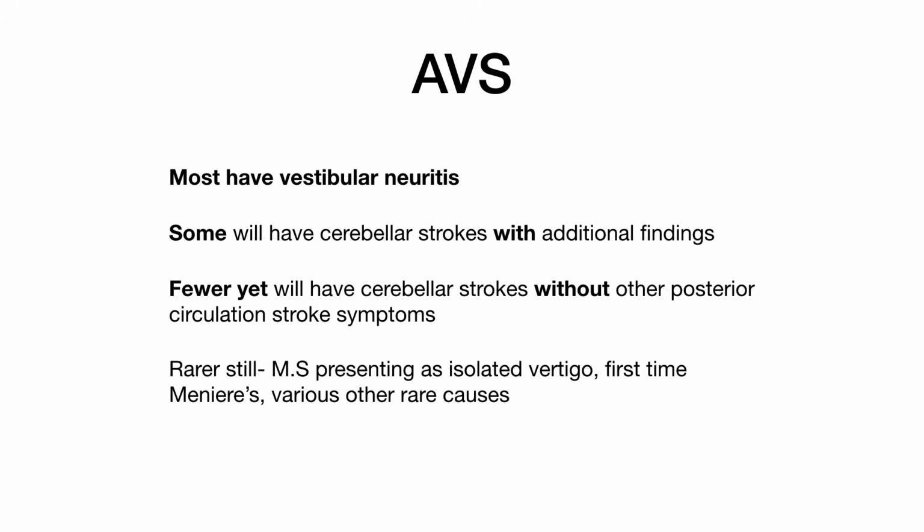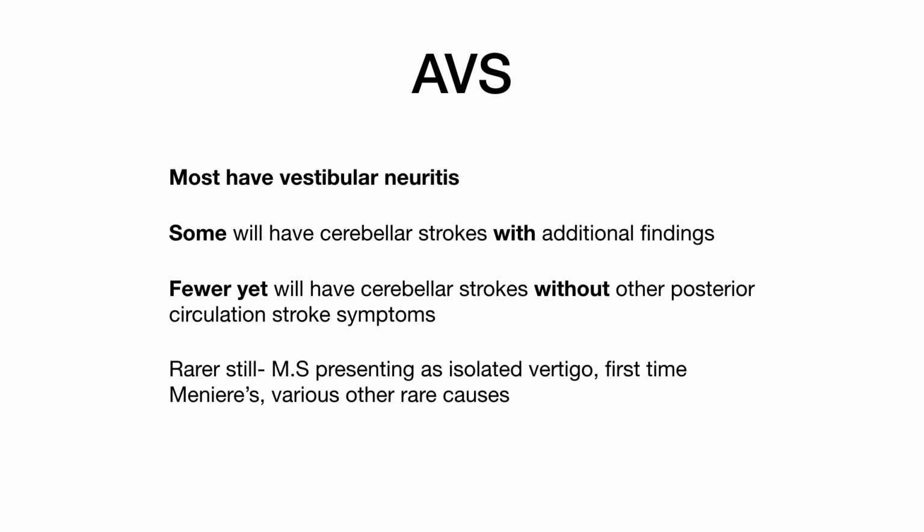Most patients with acute vestibular syndrome seen in family doctors' offices or emergency departments will turn out to have vestibular neuritis. We can use HINTS or HINTS Plus to send these patients home. Some will have cerebellar strokes with additional findings suggestive of stroke, such as unable to walk, diplopia, dysarthria, dysmetria, focal paresthesias or weakness, spontaneous vertical nystagmus, or new, sustained, significant headache or neck pain.